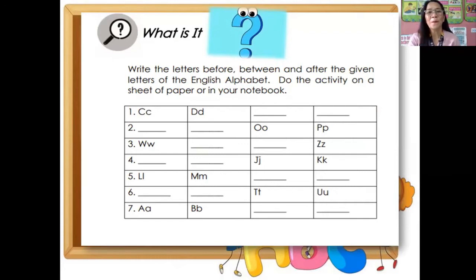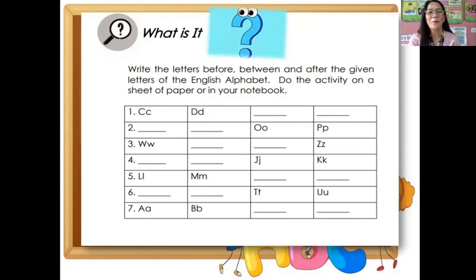Number 2, what are 2 letters before letter O? For number 3, what 2 letters are between W and Z? Number 4, what 2 letters are before letter J?